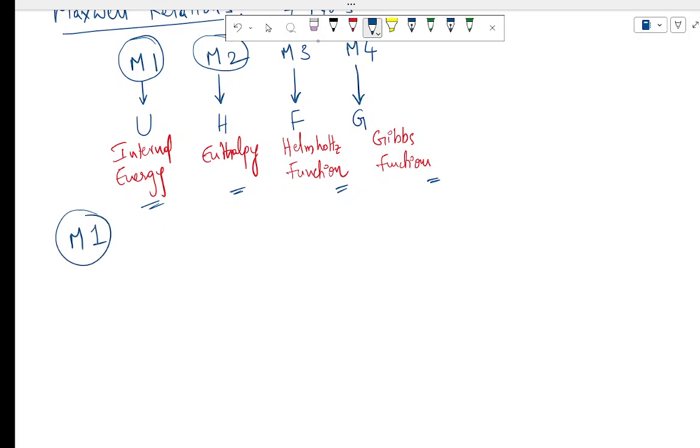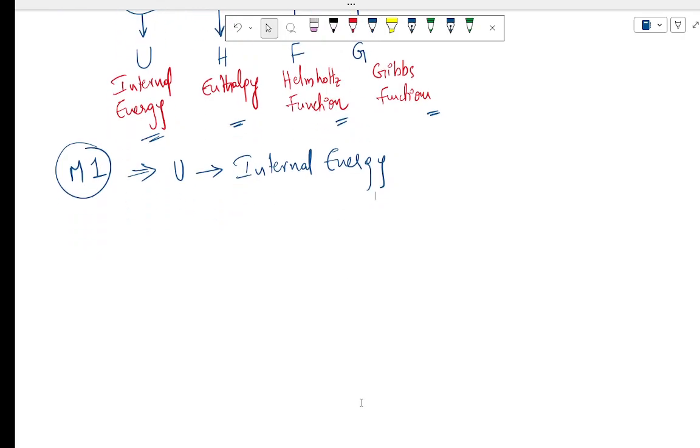M1 will be dependent on your internal energy U. So how do I write internal energy here? Basically, I know the first law of thermodynamics, dq is equal to du plus dw. From this I can write du is equal to dq minus dw.